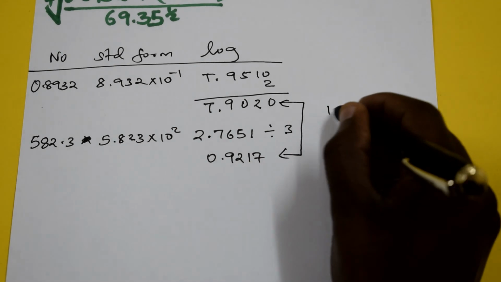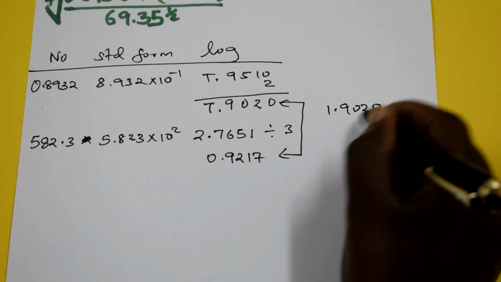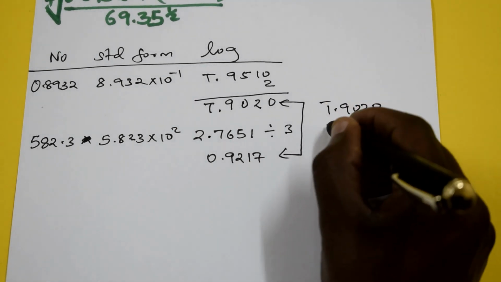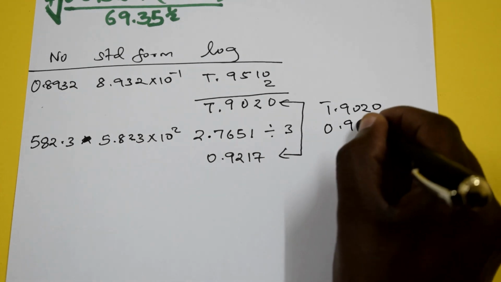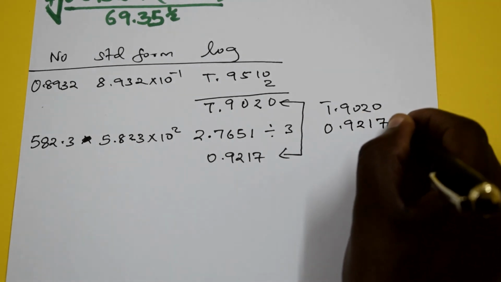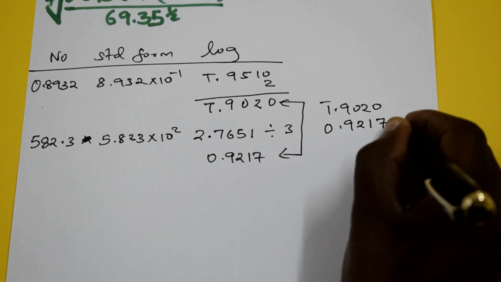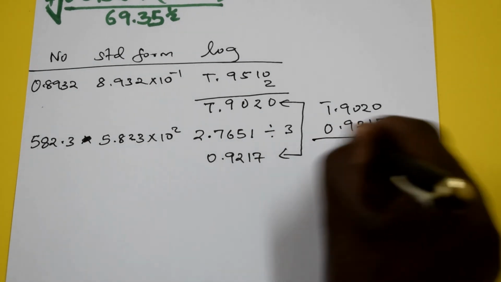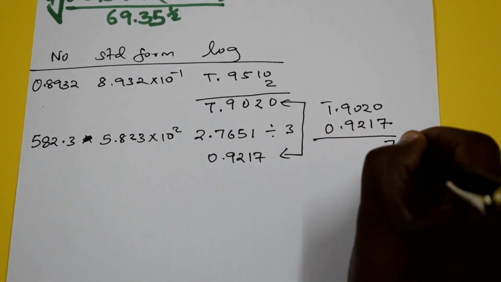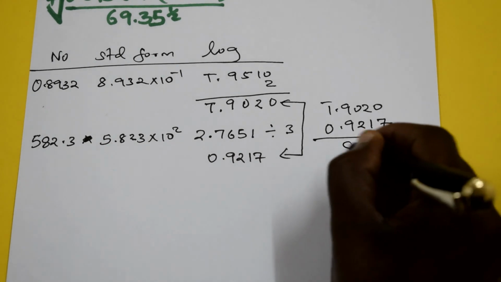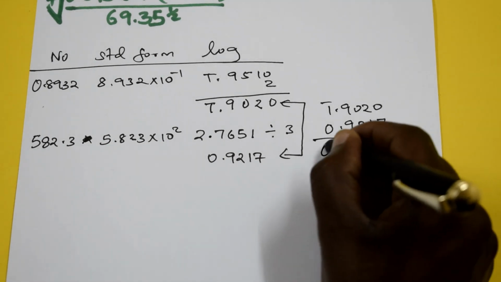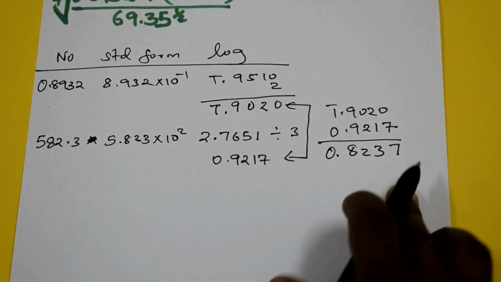So we have 1.9020 added to 0.9217, and that sum is going to give us 7328 point. So this is for the numerator.